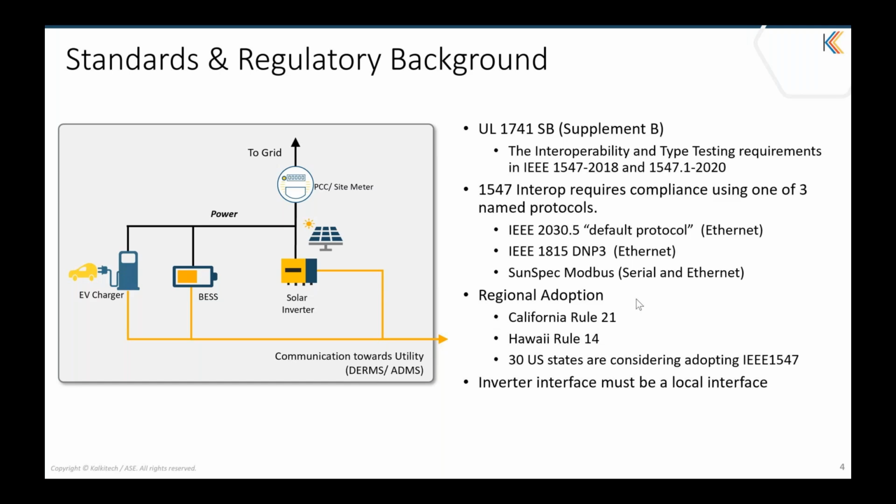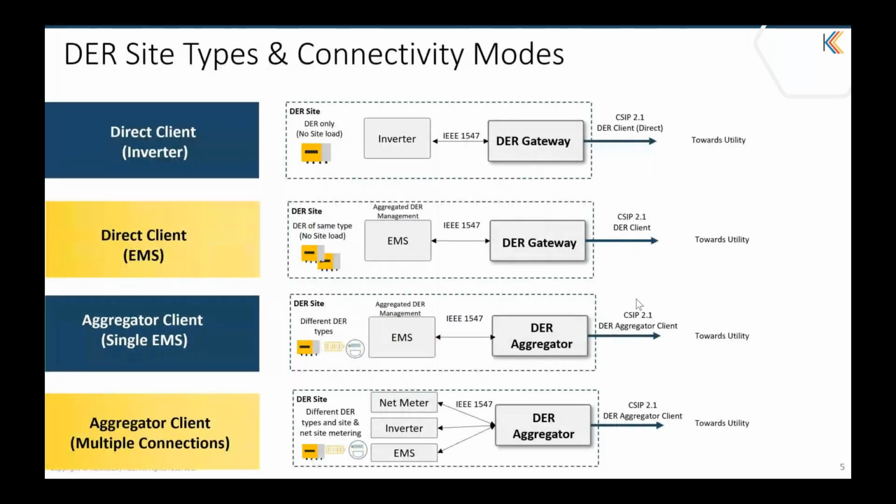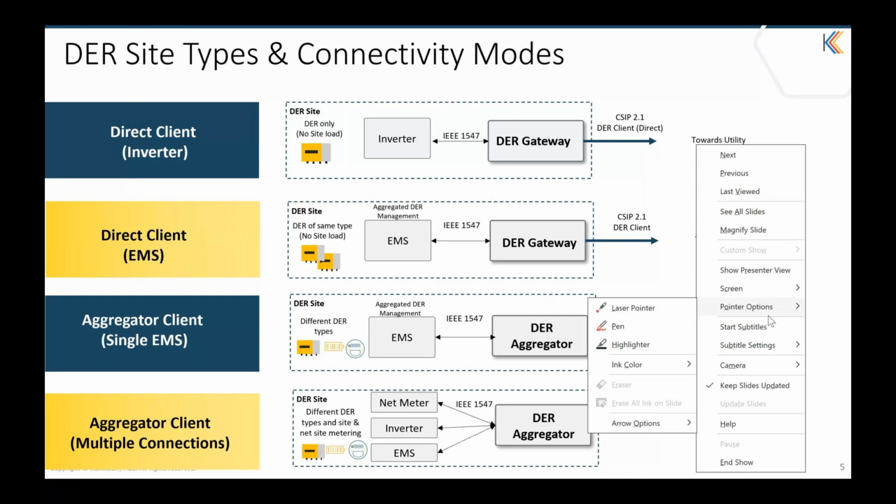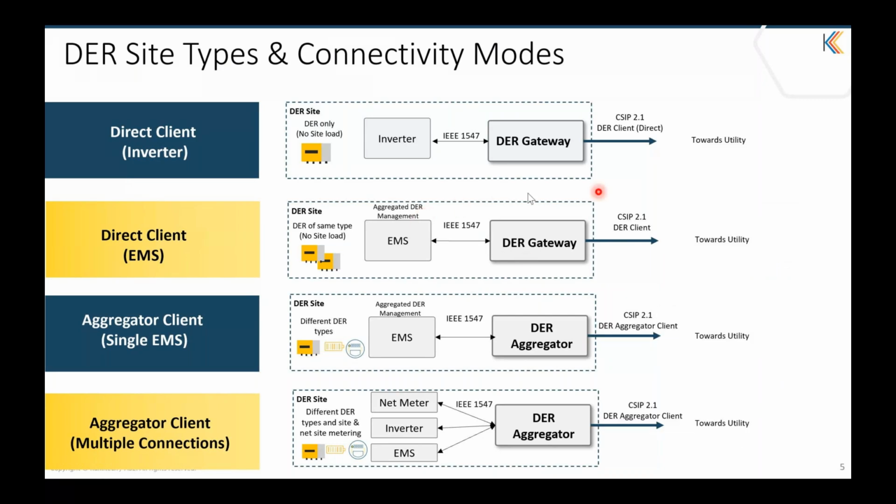Moving on, what are the different DER sites, and how are the different types of communication modes enabled is what we see in this slide. Here you can see that there are two types of interconnection. That's a direct connection from the inverter, either directly or through a gateway, as per CSIP 2.1.